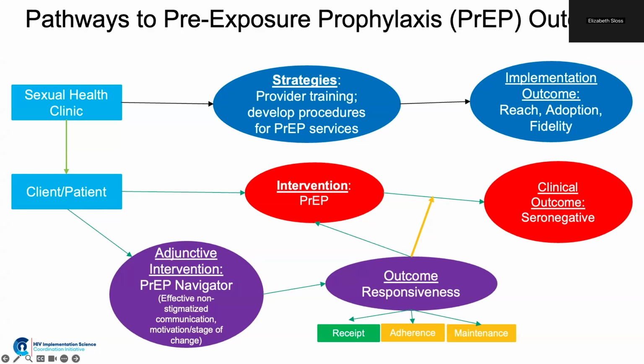And the answer is yes. So you could have a reminder to a patient. You could also have a reminder to a clinician. We would call the reminder to a clinician an implementation strategy. So implementation strategies are everything having to do with providers and systems, and everything having to do with a patient is something a little different. Even though it's a very similar mechanism, we just classify it slightly differently because of the target of that change method.